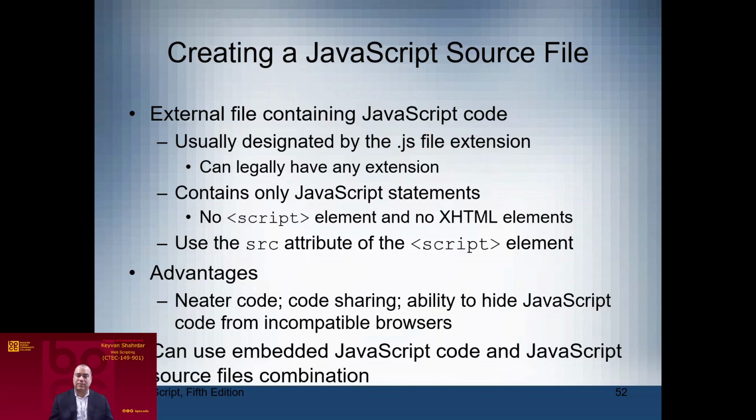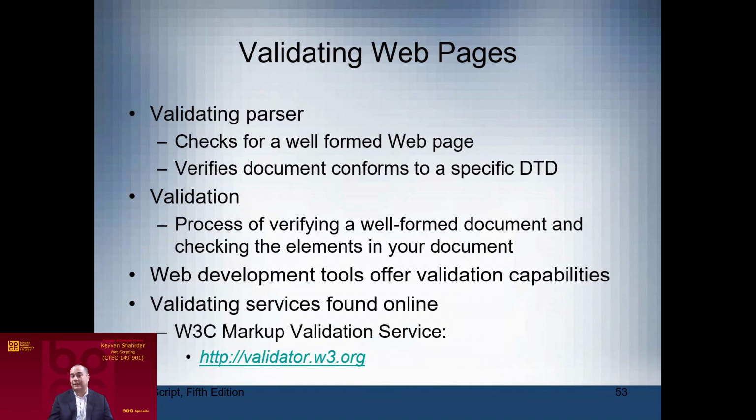They contain only JavaScript, no script element or HTML elements, and use the source attribute of the script element. So the advantages are neater code, code sharing, the ability to hide JavaScript code from incompatible browsers, and you can use embedded JavaScript code and JavaScript source file compilations. So basically, you're calling your JavaScript code from within a file that is hidden.